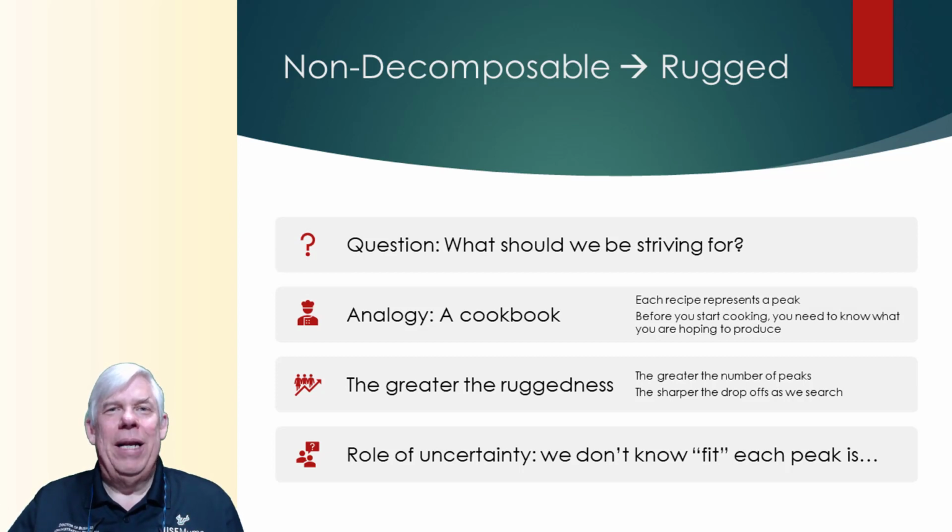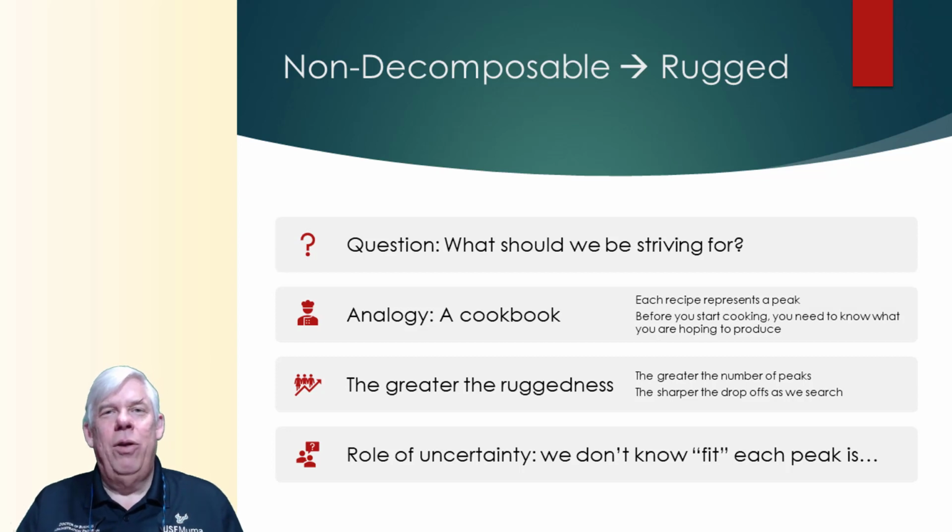And the analogy for extrinsic complexity is a cookbook where each recipe represents a local fitness peak, because any incremental change to the recipe would make the recipe less good, at least in the author's opinion. And before you start cooking, you need to know what you're going to produce. Different contexts will have different fitness.